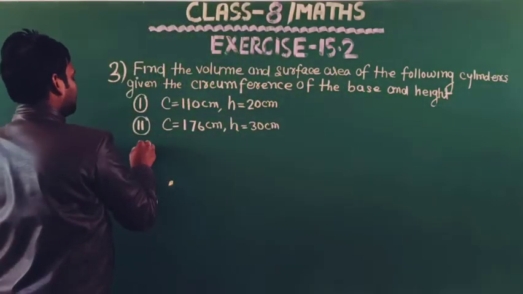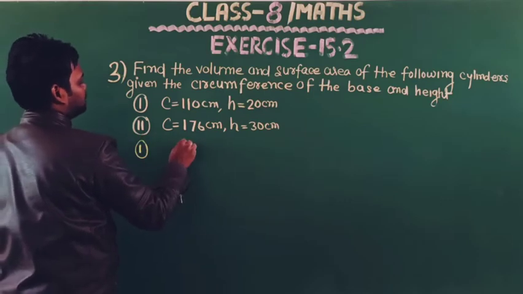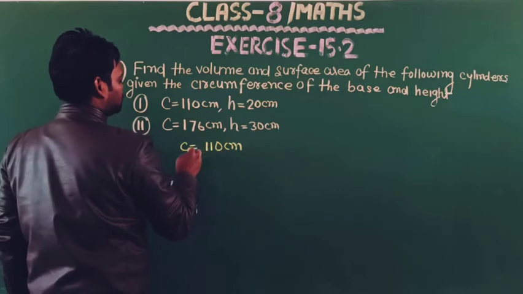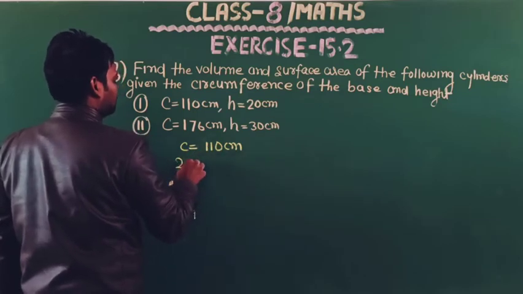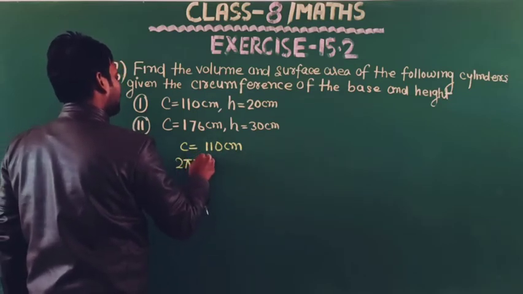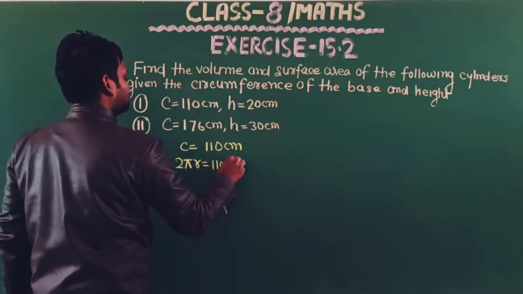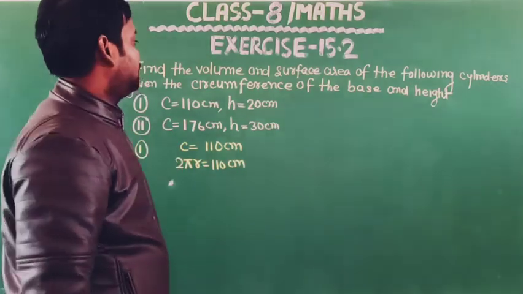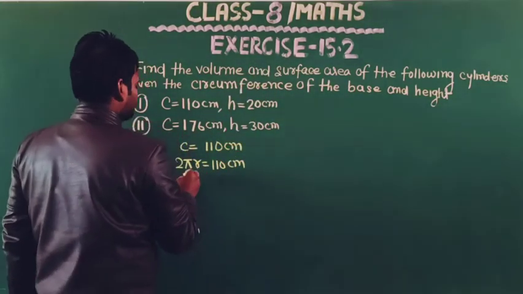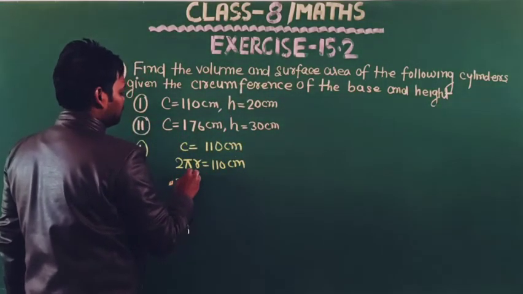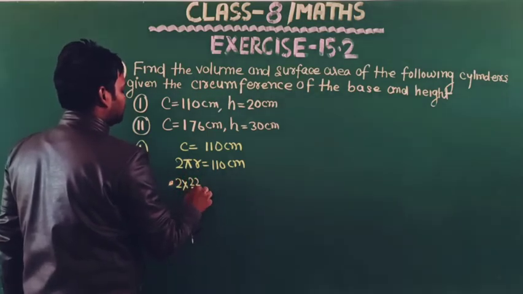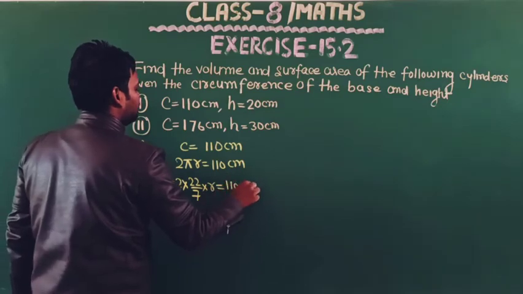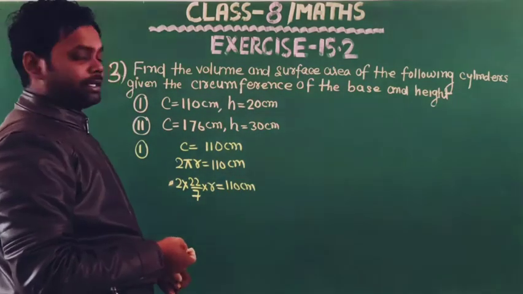So the first part is given circumference c equal to 110 centimeter. So this means 2 pi r equal to 110 centimeter. First I will calculate radius of the base. Substituting the value of pi 22/7, r is equal to 110 centimeter.